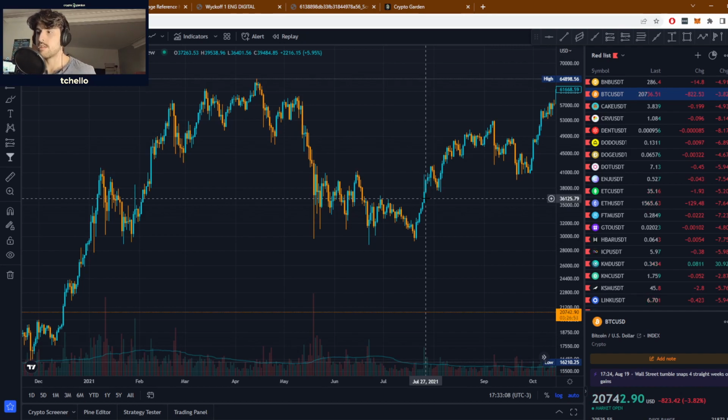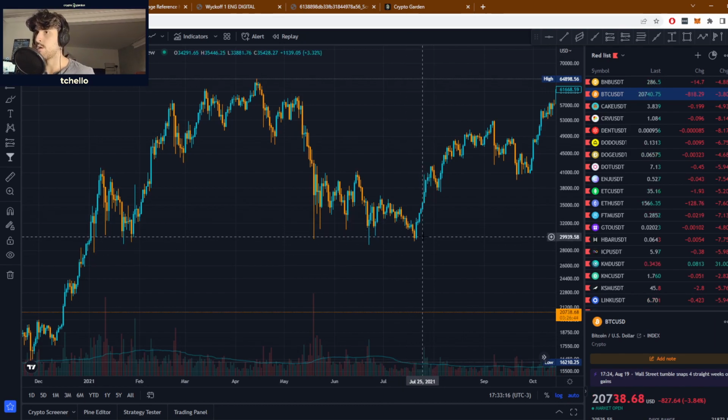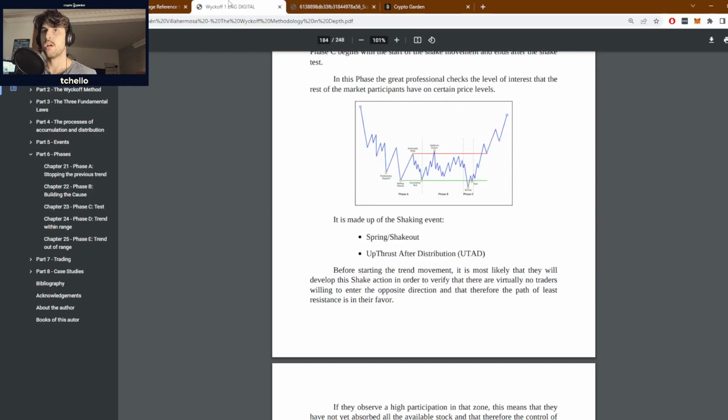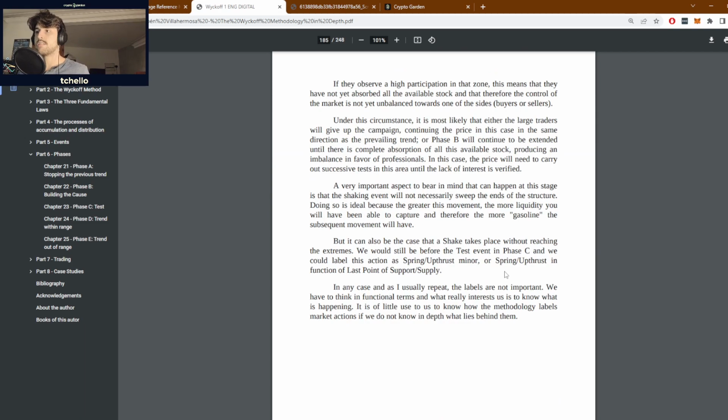If there is more supply downwards, then the price will continue going down, and that's the purpose of this test: to see if people are willing to sell, or if people are willing to buy. We see a lot of imbalance in these tests. These tests usually serve the big market participants.